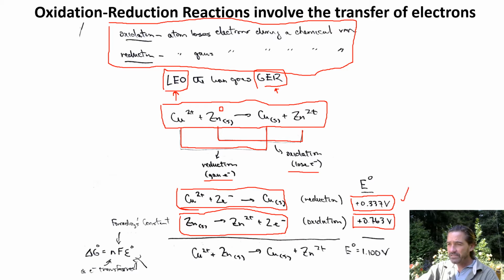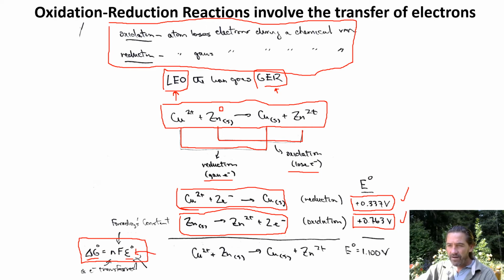And we will discuss that in a later slide. What we have here is a new equation that connects the free energy to the voltage. Voltage is like work. This is electrical work.